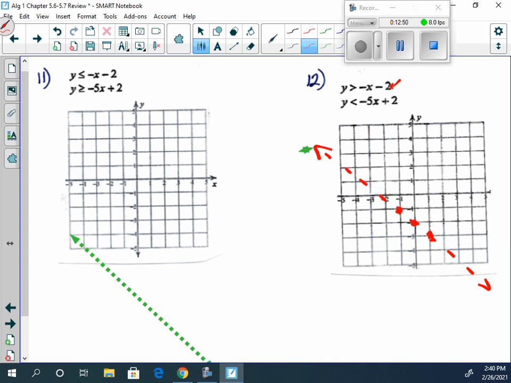And again, we need to check a point. 0, 0. So 0 is greater than -0 minus 2. Well, that's just 0 is greater than -2. Is 0 greater than -2? Yes. Since 0 is greater than -2, we're going to shade towards the side that has 0, 0, if they gave us a true statement.